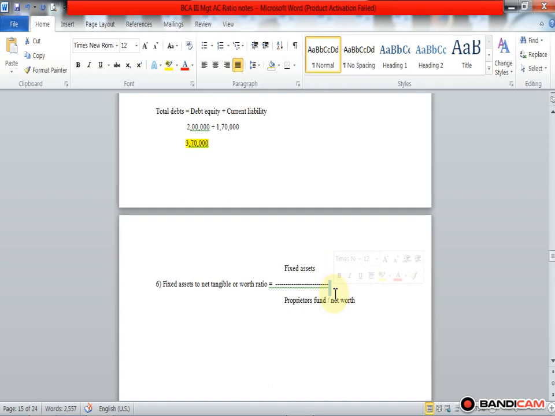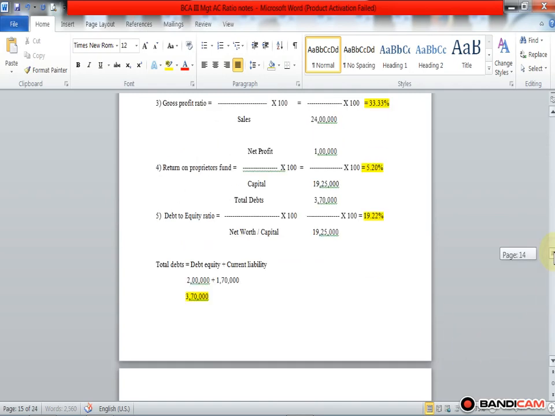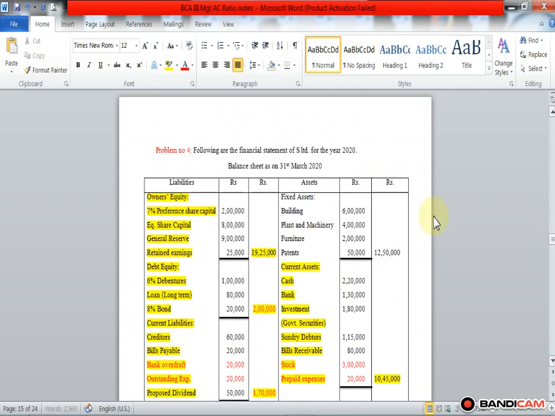Okay, here we calculate the percentage of fixed assets with the amount of capital of the owner multiplied by 100. Okay, so here the amount of fixed assets is given in the problem, so put this amount in the formula. In the balance sheet the total fixed assets is given here. Okay, fixed assets is 12 lakh 50,000.